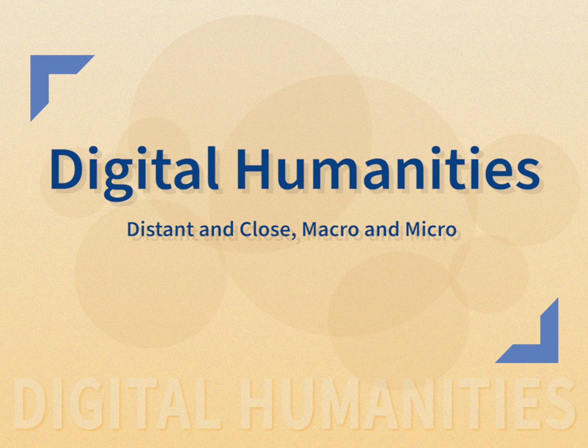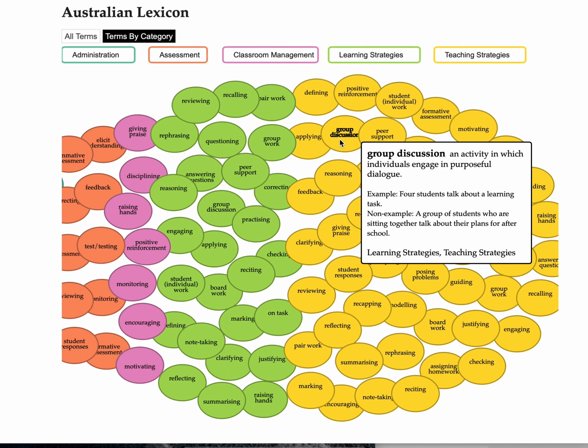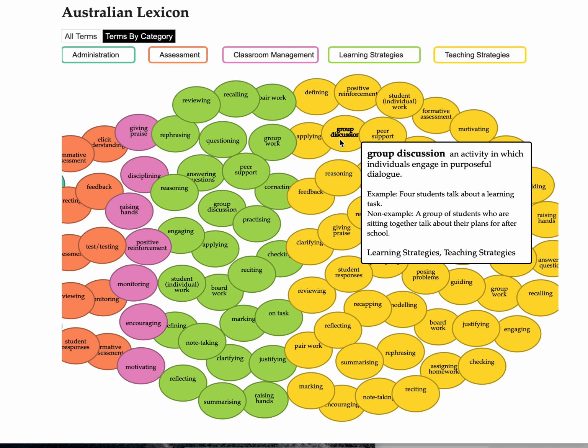With this visualization, you can see the terms and their categories are signified by the colors. And so with interactivity, you can get a sense of how many terms are in a given category. And again, you can interact with it and take a closer look at a single term.